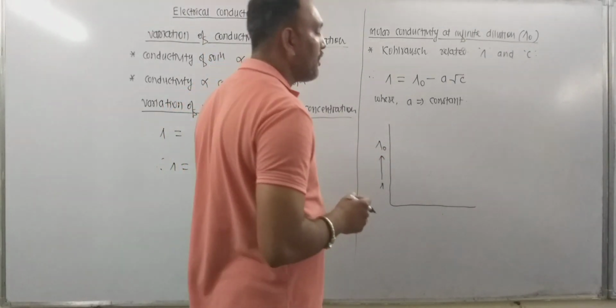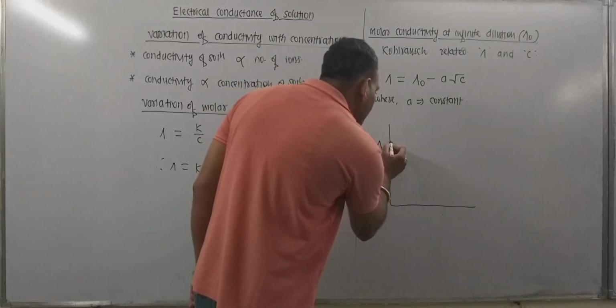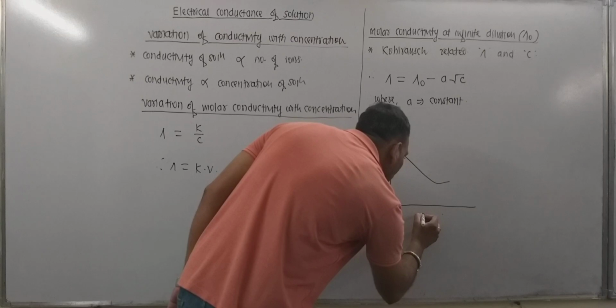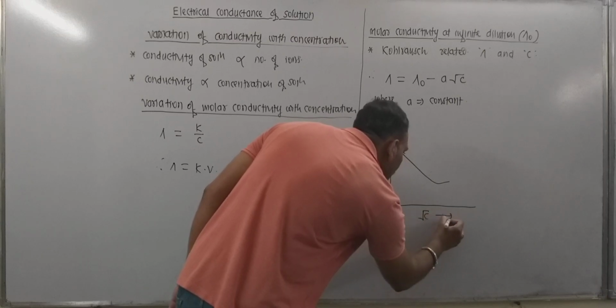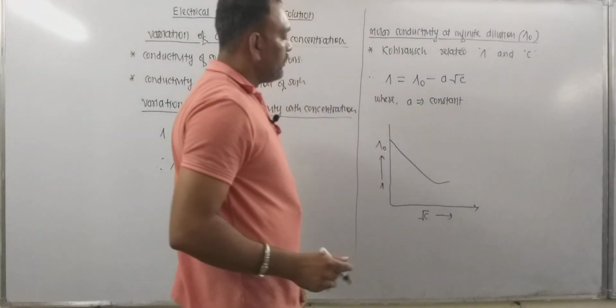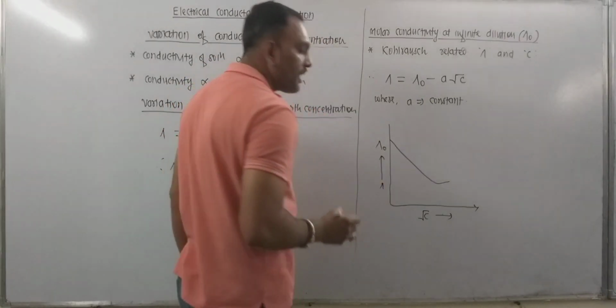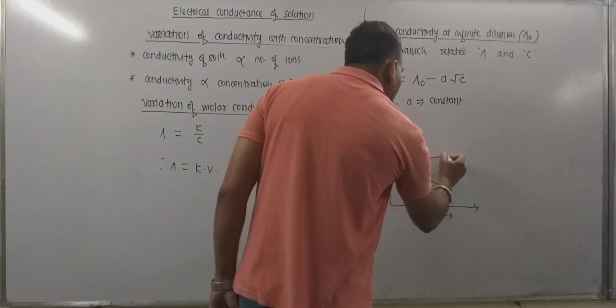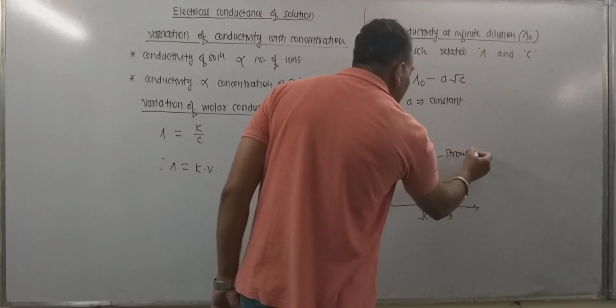And as far as strong electrolytes are concerned, for those one can draw in this manner, and remember this is for root c, I mean we are plotting lambda against root c. So this curve is for strong electrolytes.